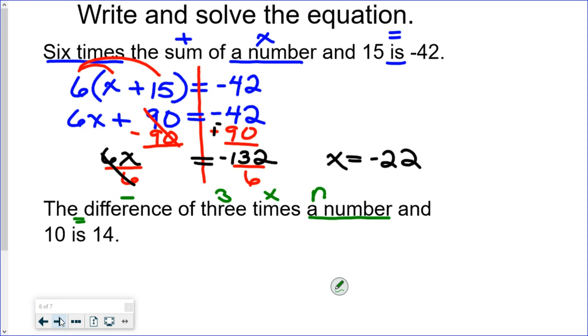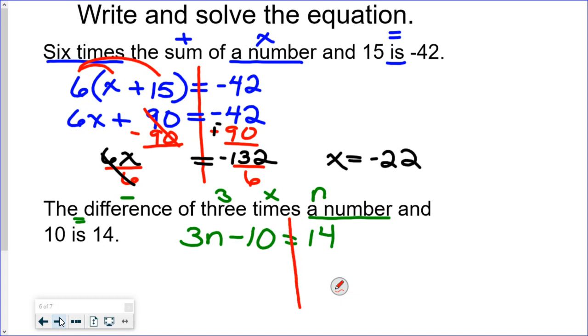So the difference of 3 times a number and 10. So 3 times a number, and the difference means subtraction, and 10 is 14. Reread that again, the difference. So I'm subtracting 3 times a number and 10. And then that is 14, the easy part at the end when you see the word is.